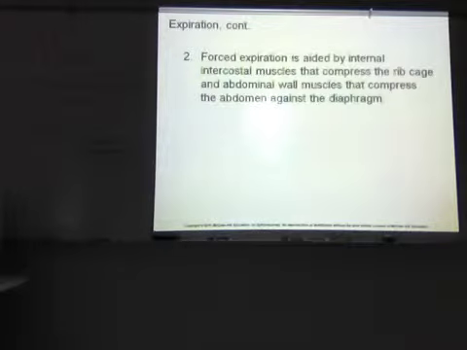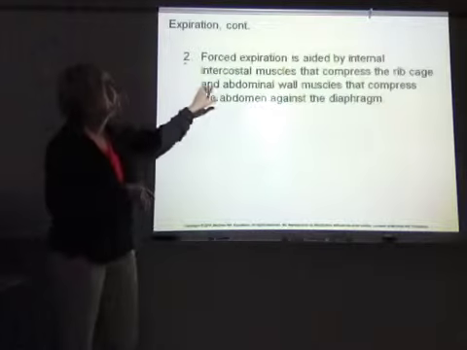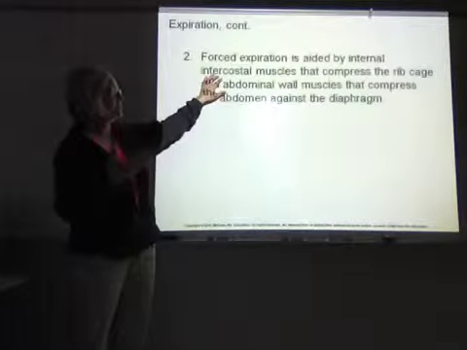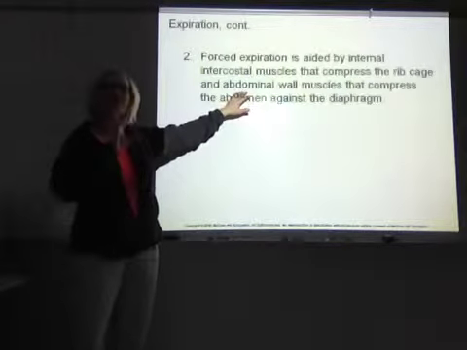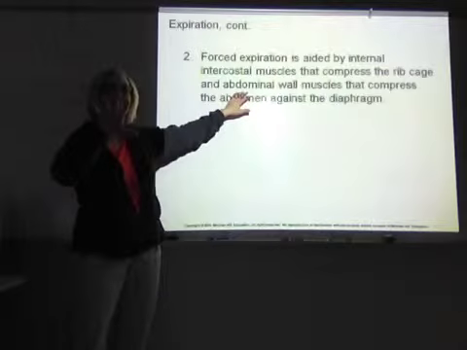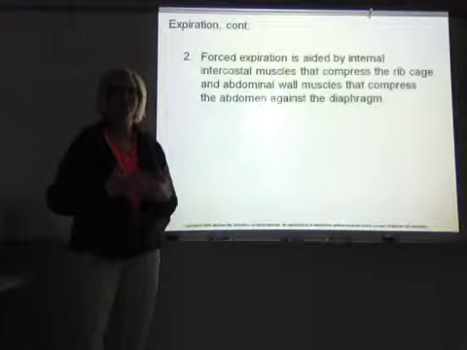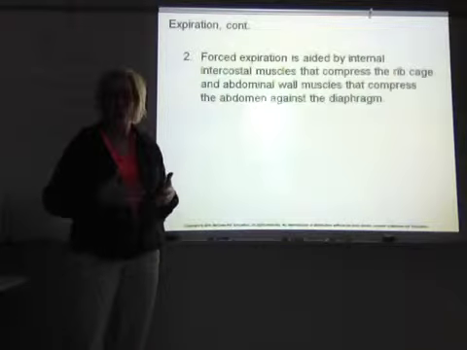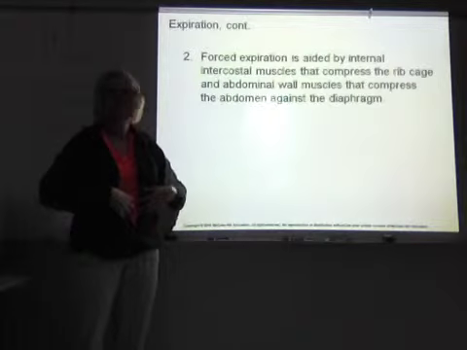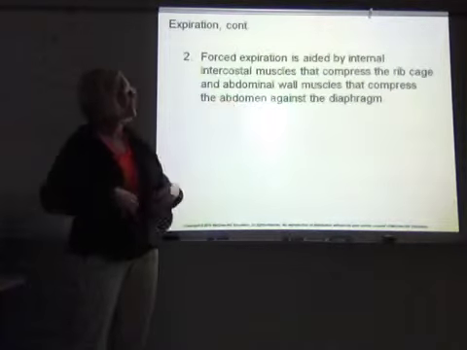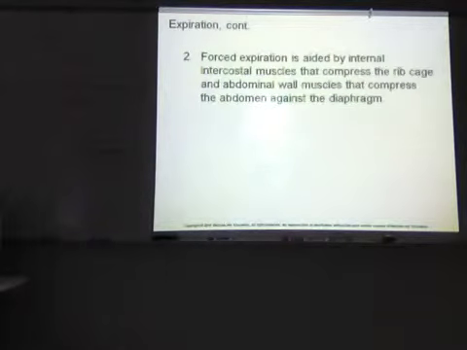Forced expiration, so if you are really trying to breathe out all of your air, intercostal muscles are going to still help. If you right now do blow all of the air out of your lungs as much as you can, you should actually feel it in your abdomen, because those ab muscles actually help to push the air out of your mouth.